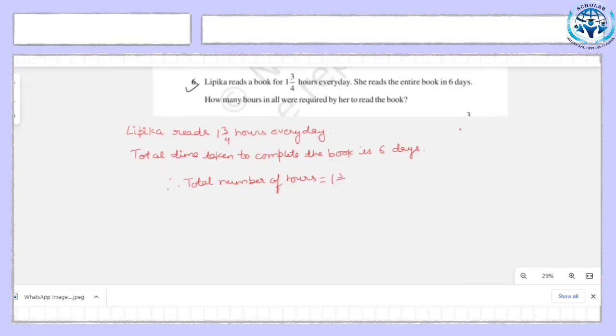So, total number of hours will be given by 6 into 1 3 by 4. We will first convert 1 3 by 4 into improper fraction. 4 1 ja 4, 4 plus 3 is 7, 7 by 4 into 6. 2 2 ja 4, 2 3 ja 6, 7 3 ja 21, 21 upon 2 is equal to 10 1 by 2 hours.